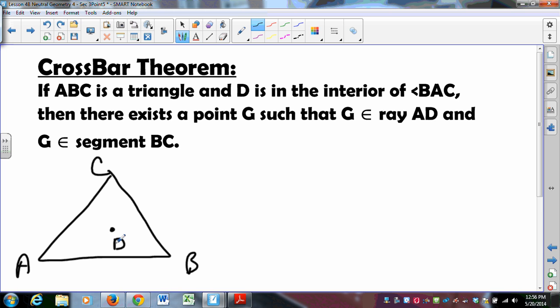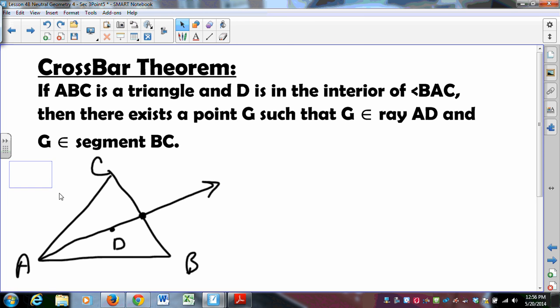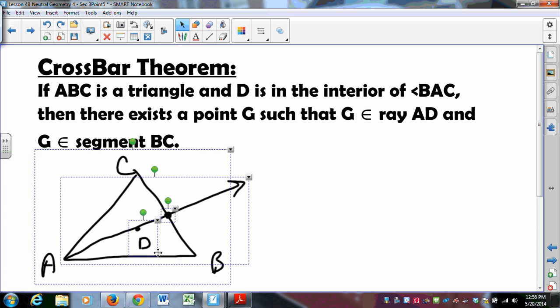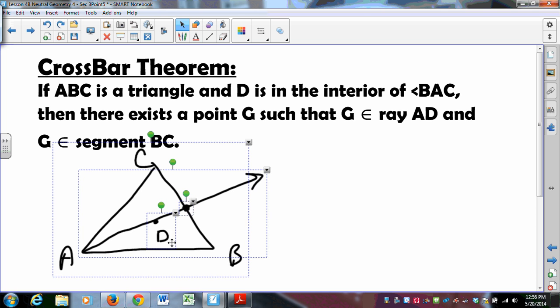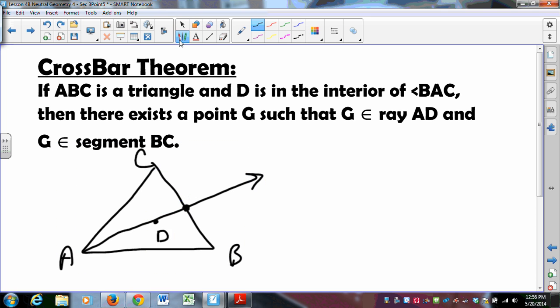What we argue is that this ray has to intersect segment BC at some point. Okay, so here's what we do with this picture. This is one of those things that almost makes sense, and when something almost makes sense, that's a good thing.